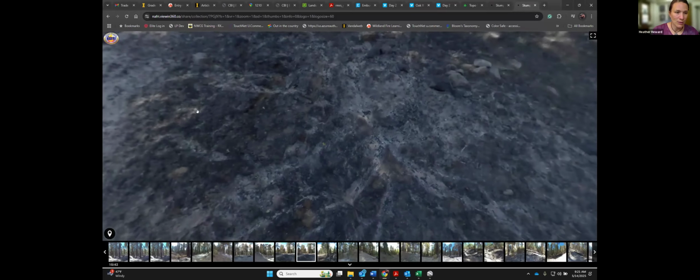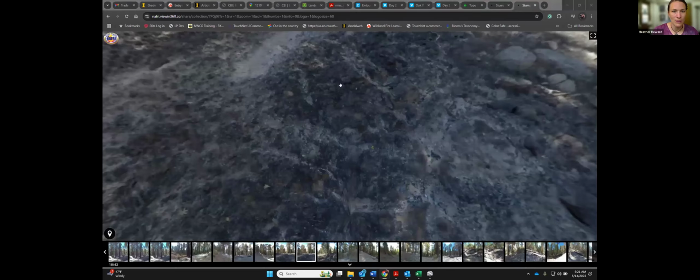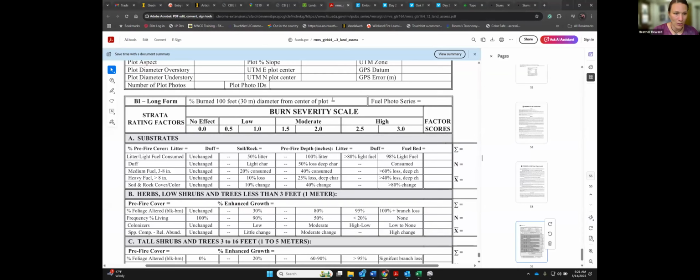Okay, so just exploring all around. I'm going to have you answer in the chat here what you think this value would be. The question is, give me a value in the chat for what level of burn severity we are at in this spot.